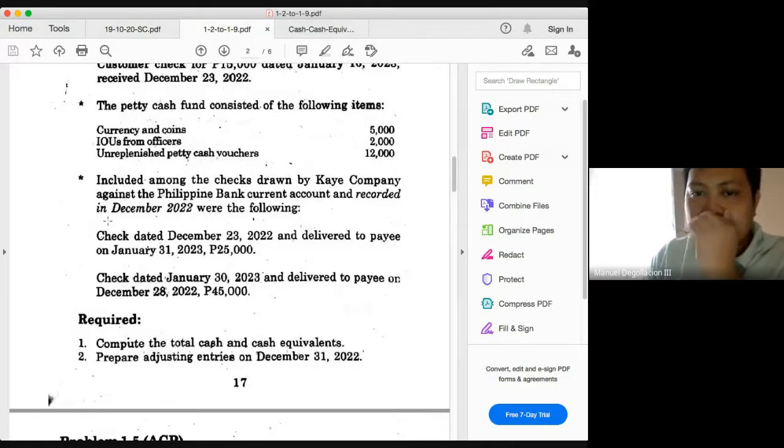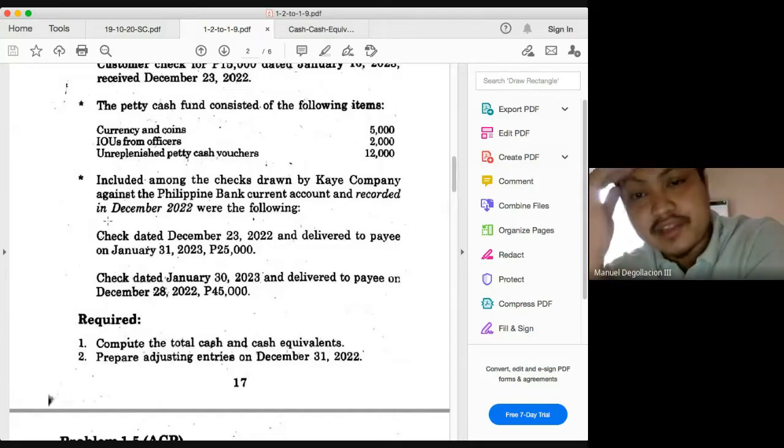The answer is no, because the check was only delivered on January 31, 2023. Even though the check was already prepared, since it was not delivered to the intended payee, no actual payment took place. So the recorded payment is wrong. We recorded a payment even though none took place, so our cash balance is understated. To correct this, we have to add back the 25,000.